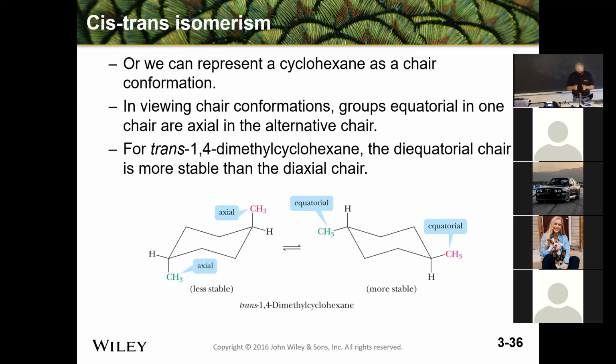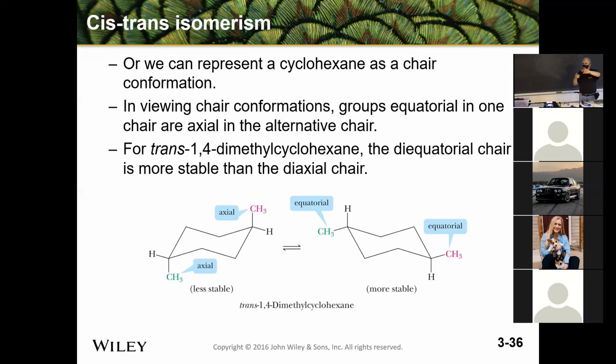Too many carbons there. So here is cyclohexane. For the trans, it should be pretty easy to see that that's trans, because this one's on the bottom and this one's on the top, so that's a trans 1,4.